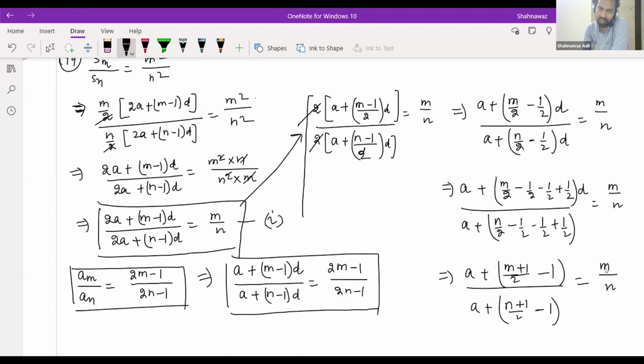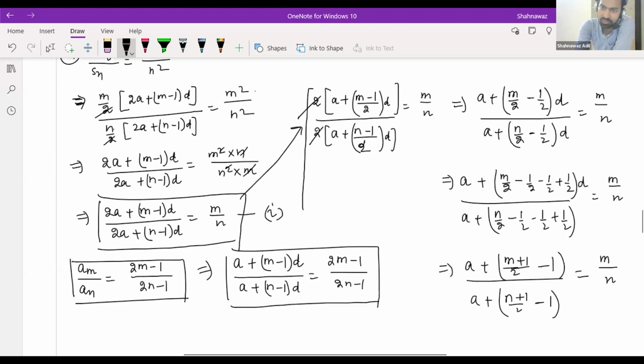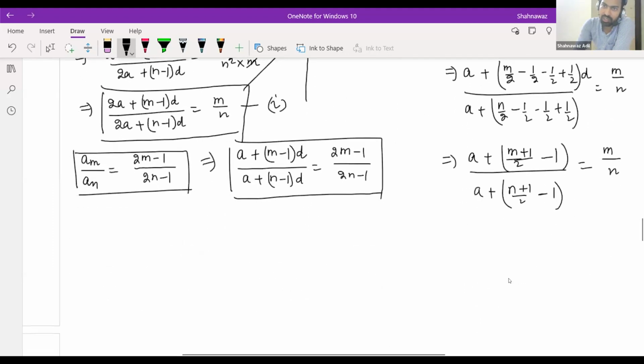Understood? So if this is m, and if I change this as m, so this would be how much? Let's say that this is m prime. M prime is m plus 1 by 2, let's say, n. So this goes over here, so this m becomes 2m minus 1.